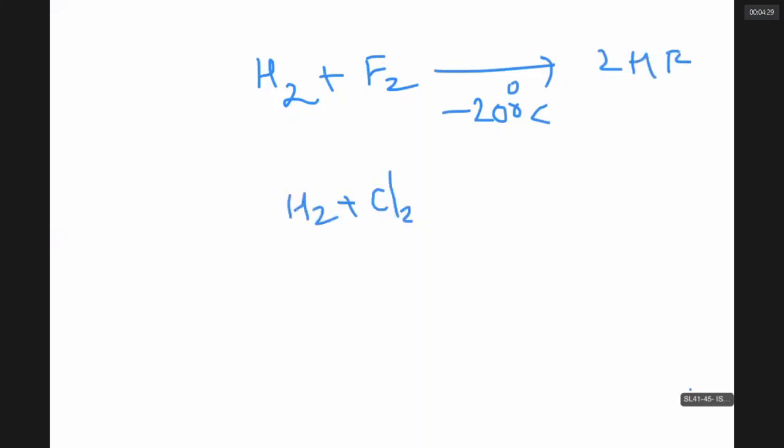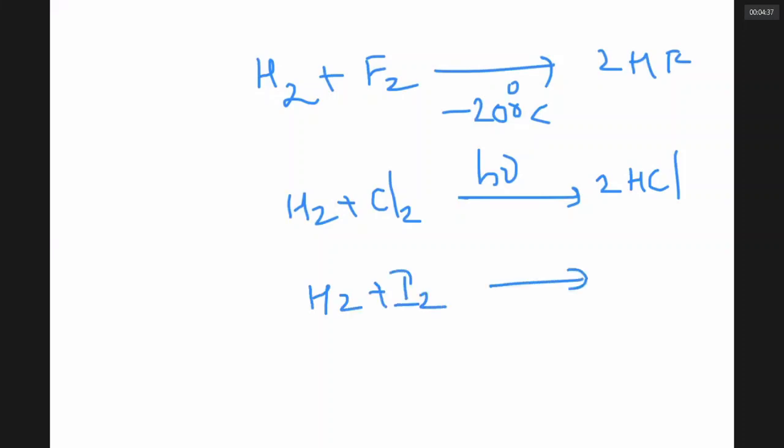The reaction of hydrogen and fluorine is so dangerously explosive that even at minus 200 degrees centigrade it will explode. Whereas the reaction between hydrogen and chlorine happens only if there is light. It is called a photochemical reaction. The reaction between hydrogen and iodine will happen only on strong heating.